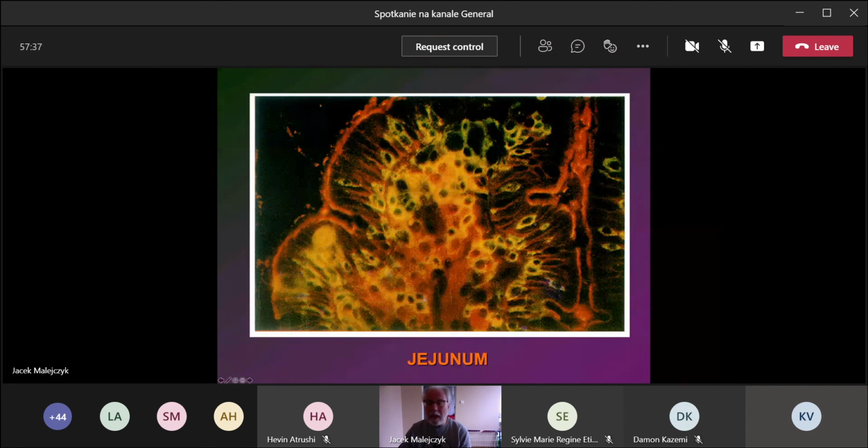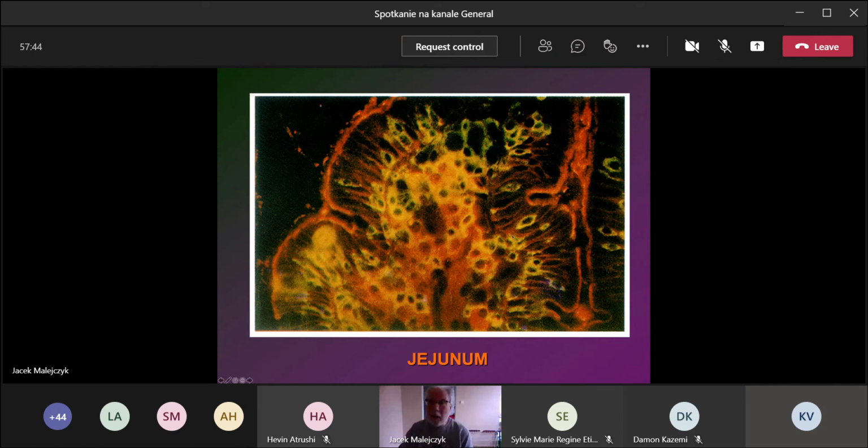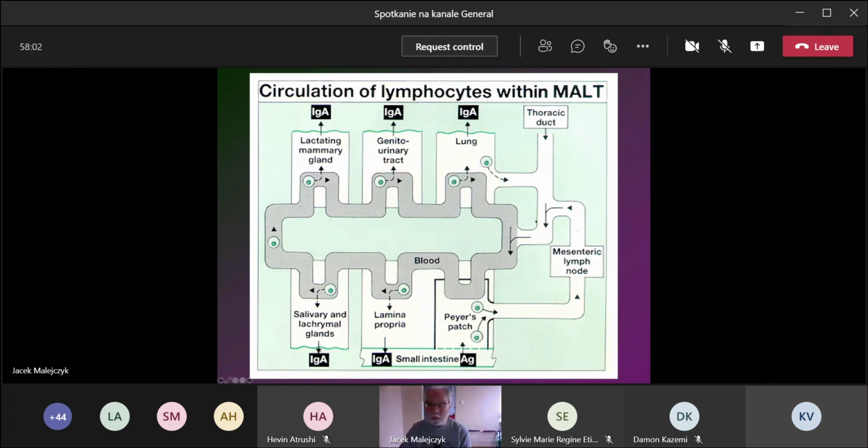We can identify these particular cells in the jejunum, staining them with specific antibodies against antibodies of the IgA class. IgA is a very typical type of antibody called the secretory antibody, which may be transported across the epithelial barriers to the lumen of the alimentary or respiratory tract.